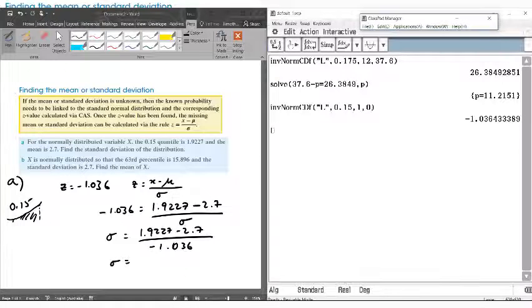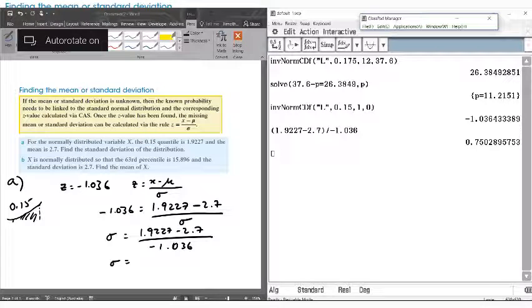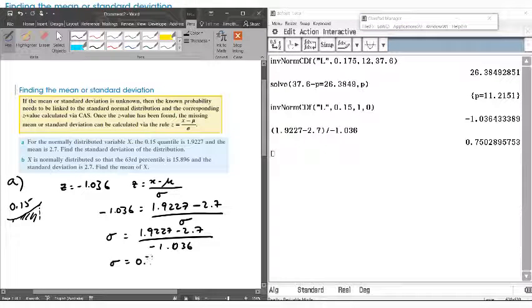So then we can find sigma, which is 0.753.